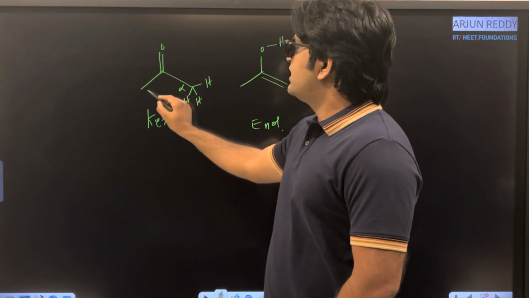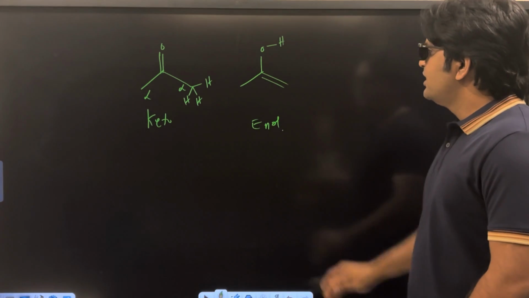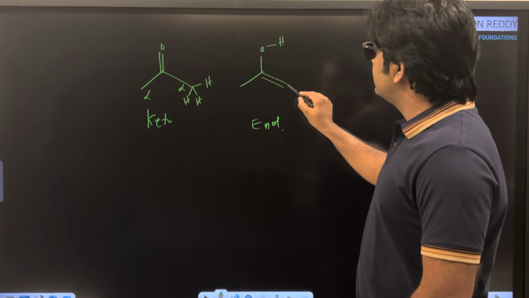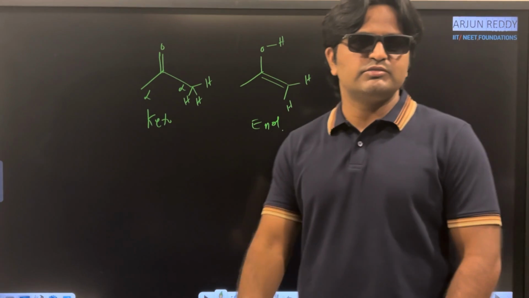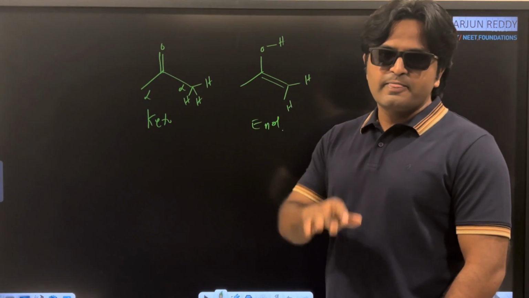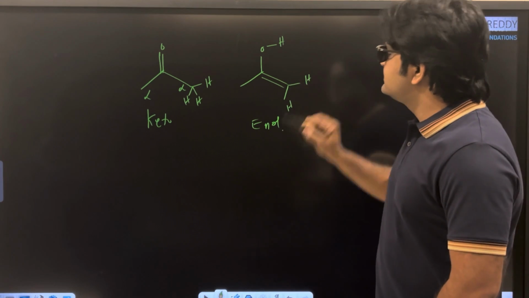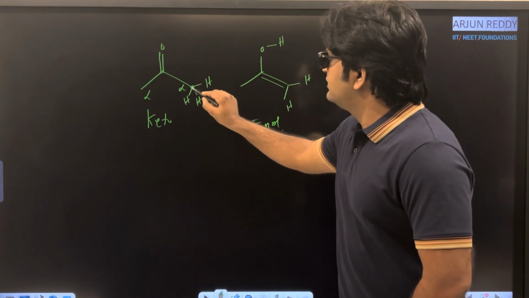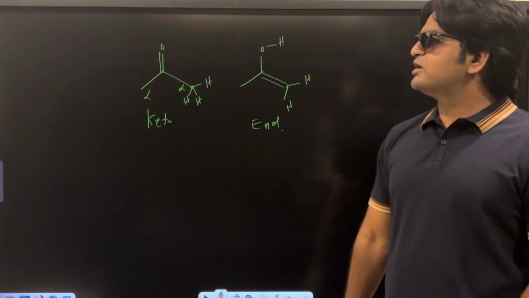On the right side we have one alpha carbon atom, and on the left side also one alpha carbon atom, right? Now in the enol form, how many hydrogen atoms are present? Yes, there are 2. In the keto form, 3 alpha hydrogen atoms are there. But in the enol form, on the same carbon atom, 2 hydrogen atoms are there.